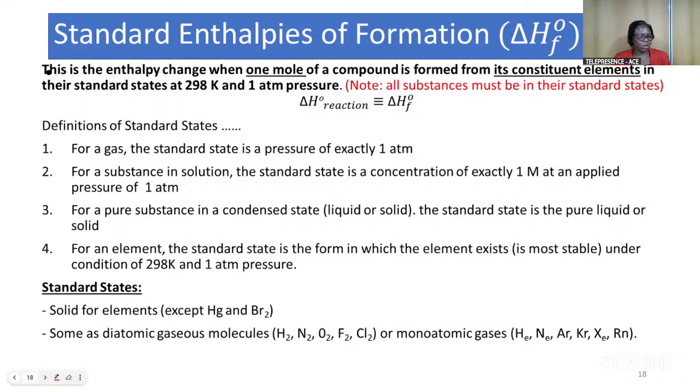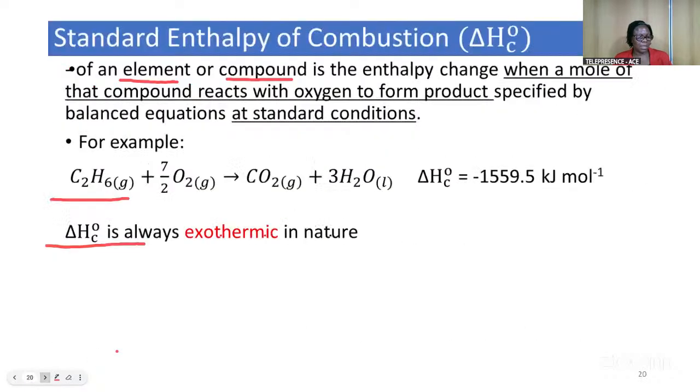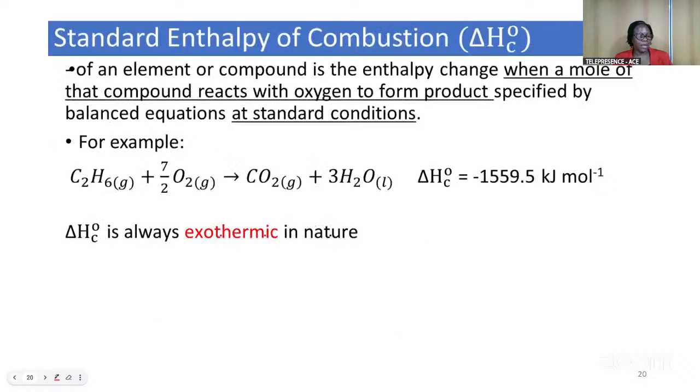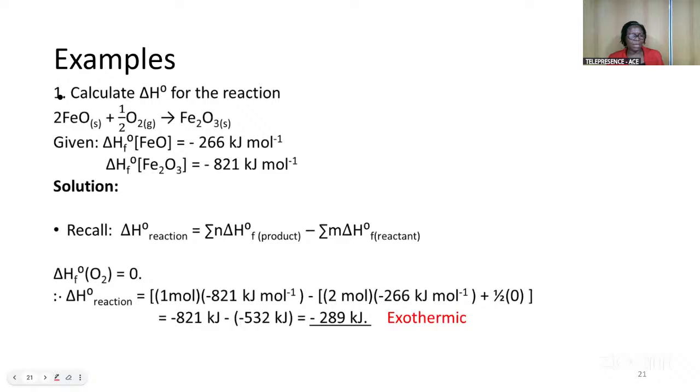So I will just jump to the exercise that I left so that we can know how to apply all that I have taught before we lose it. So I've given an example here that you have to calculate the standard enthalpy for the reaction here. Without anybody asking questions, Fe, iron oxide, is reacting with oxygen.